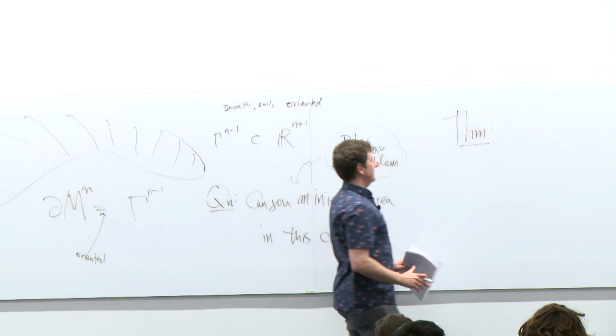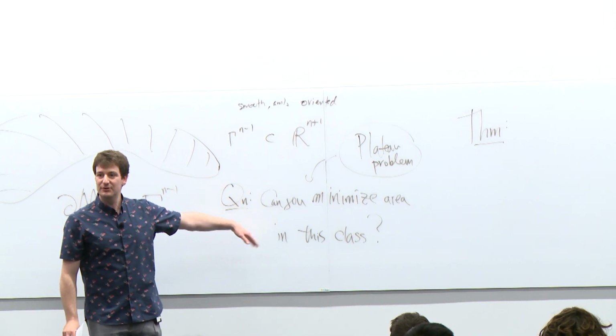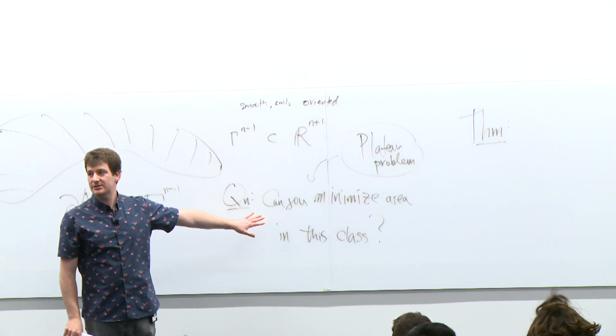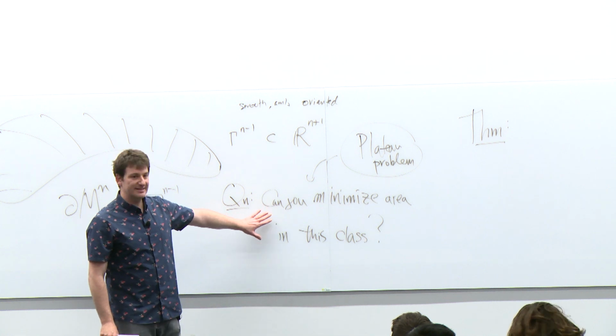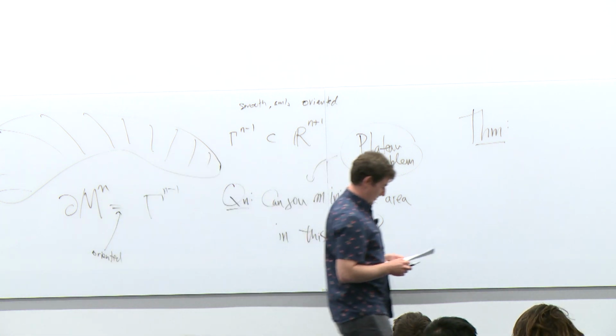All right, and from one point of view, there's a perfectly well understood answer to this question. And I think this is one of the highlights of geometric measure theory and geometric analysis.